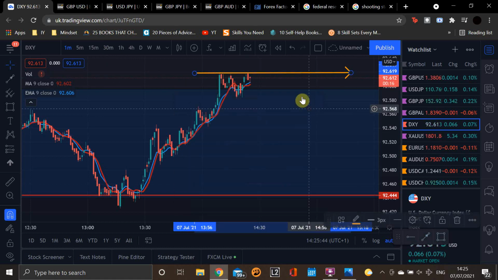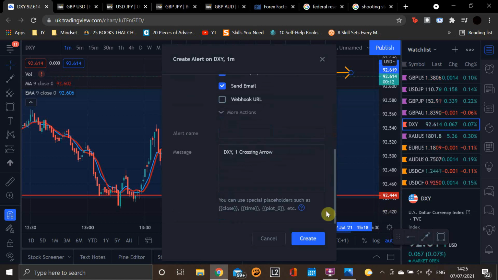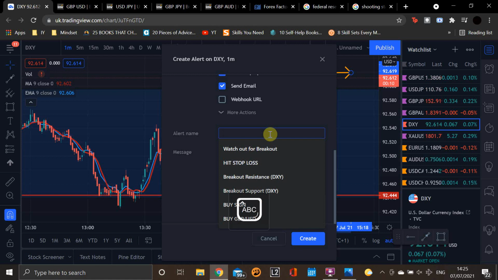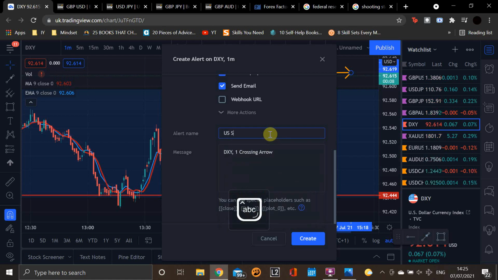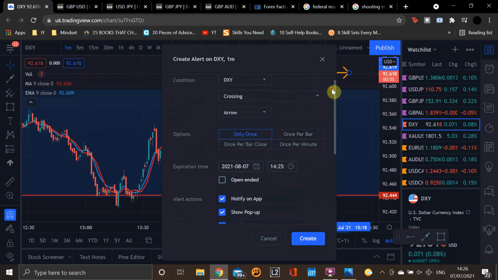So I'll put an alert. US dollar breakout. And what I want to do once put bar close.